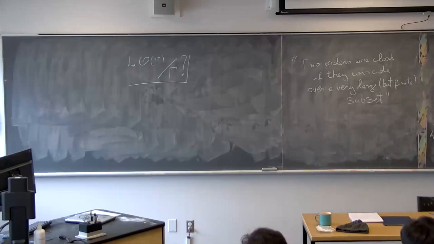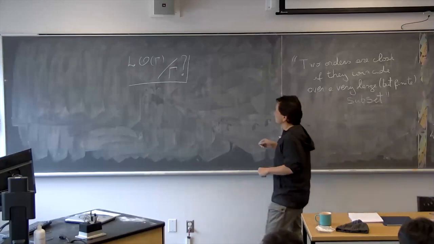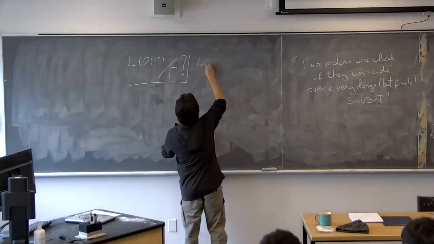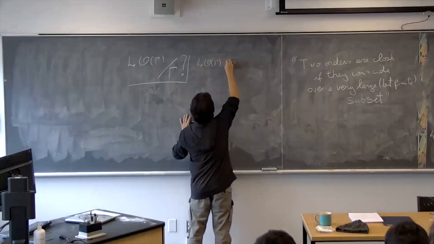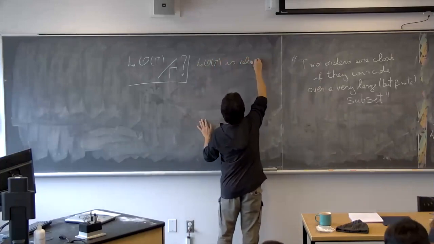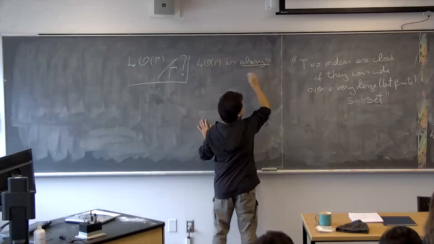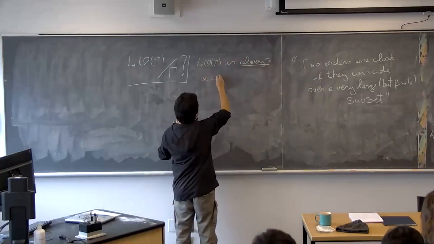Okay, well, this is the key point. LO of gamma is always, independently of the cardinality of the group, a compact topological space.